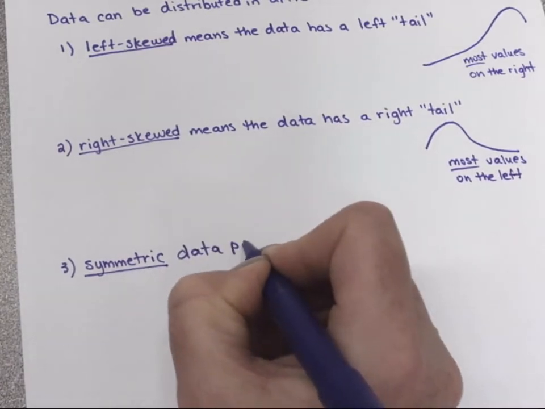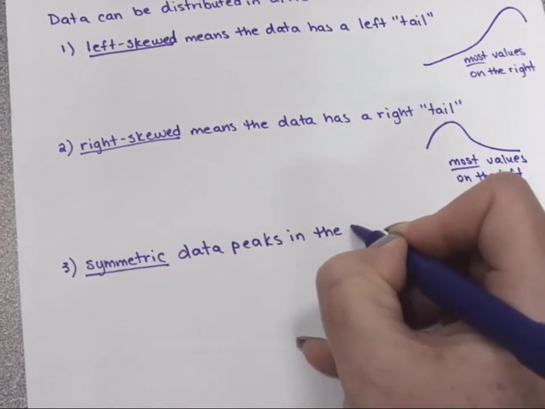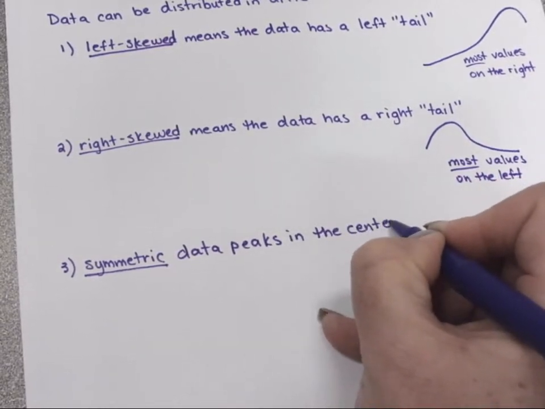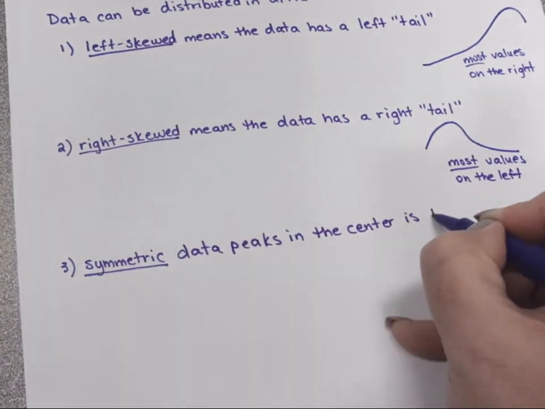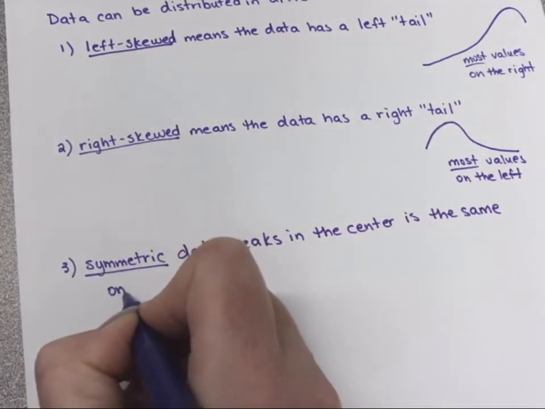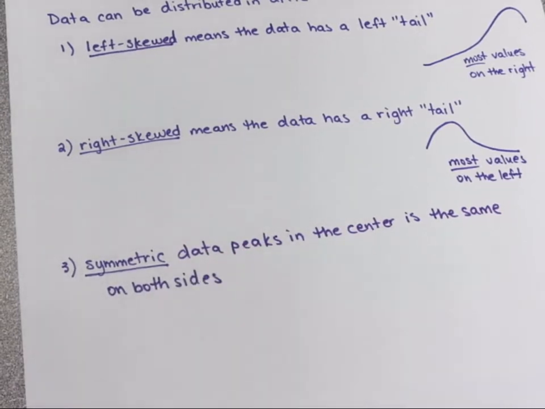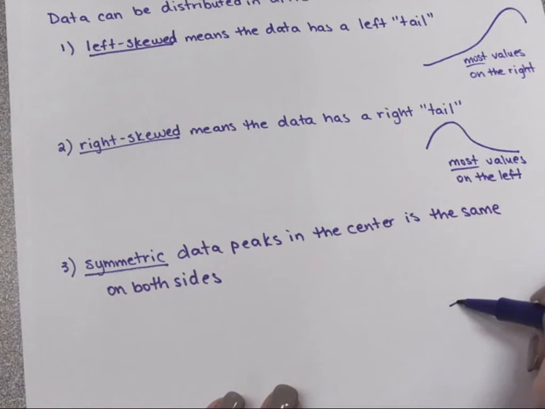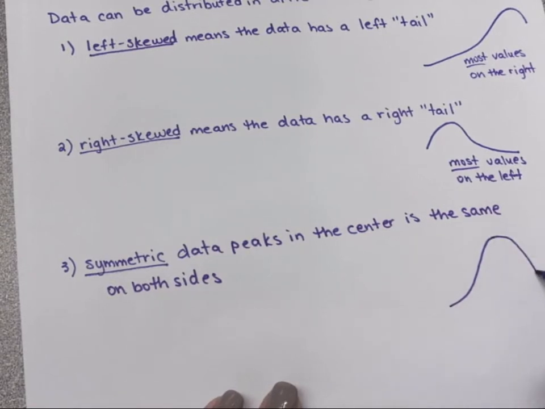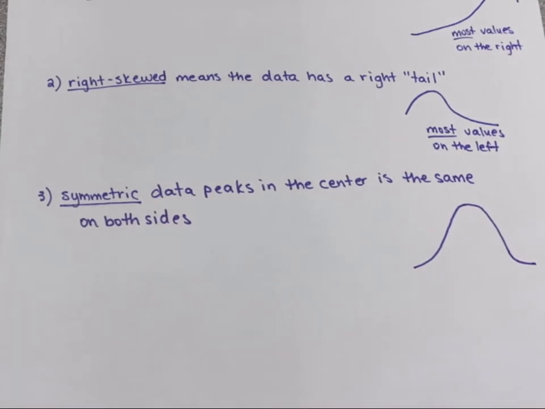Symmetric data peaks in the center and is the same on either side. So it is a curve that looks kind of like this, where it goes out in the center and then gets less and less likely as we go out.